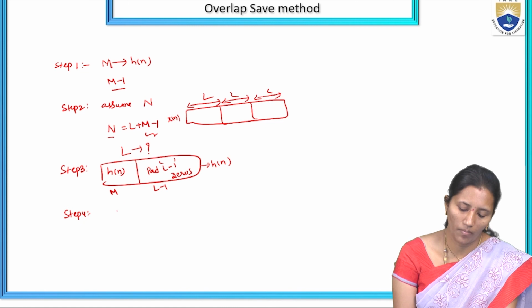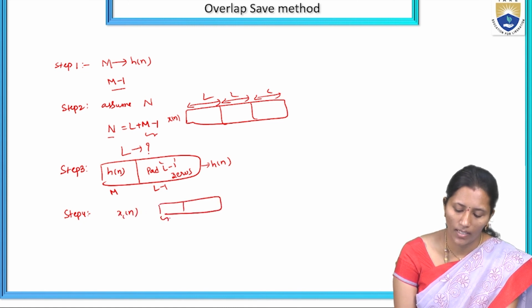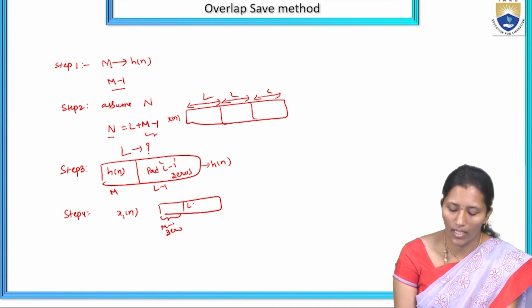In step 4, we have to segment x1 of n. x1 of n has first M minus 1 zeros and the last L bits are the first L bits of x of n.